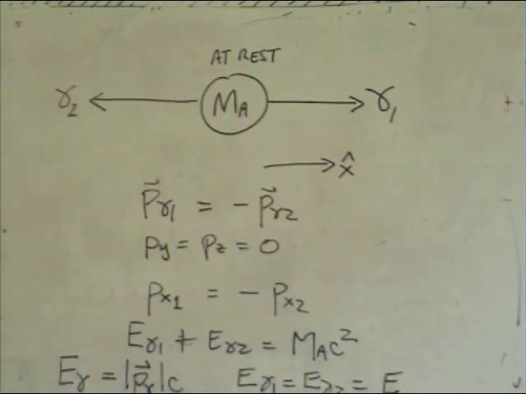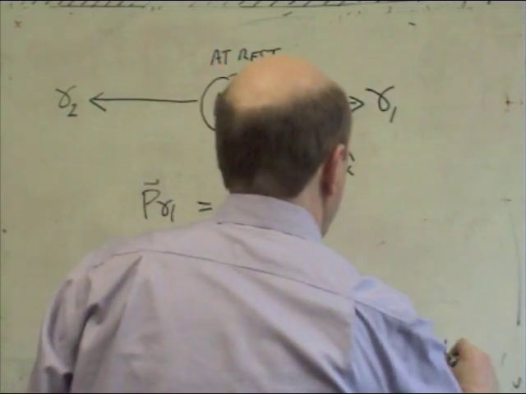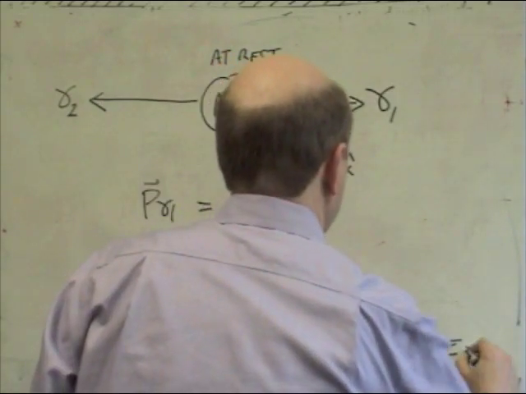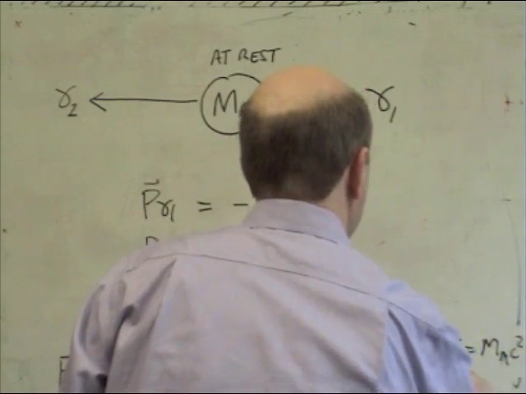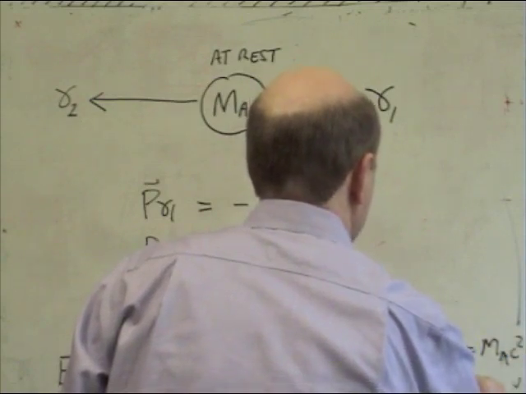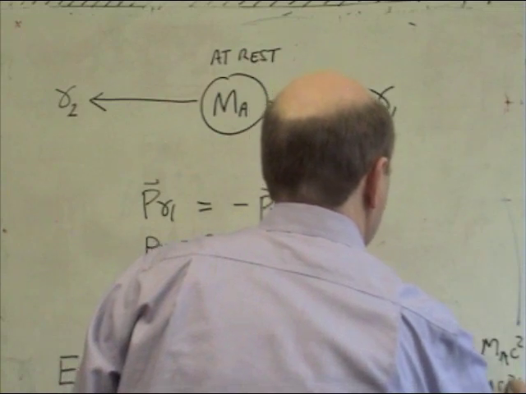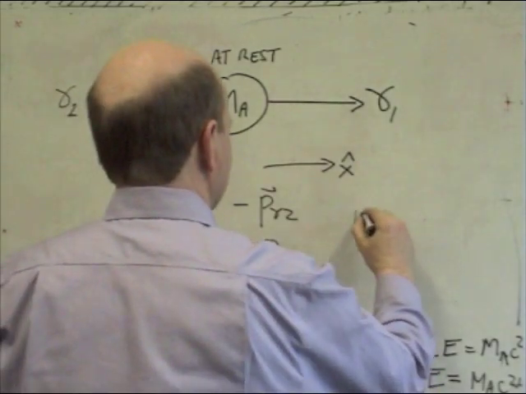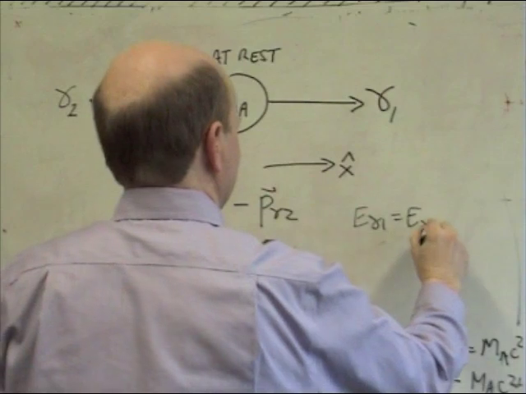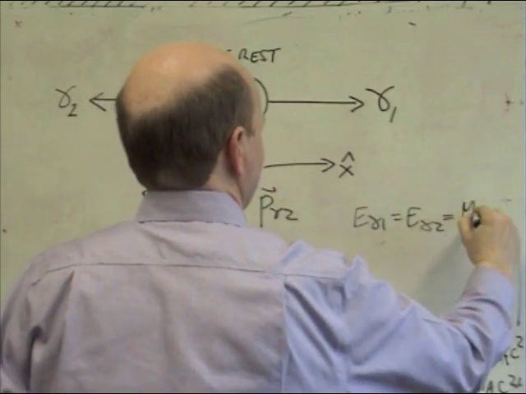And that implies in turn that E gamma 1 plus E gamma 2 is just 2E, and that has to be equal to ma c squared, so that E of each photon is ma c squared upon 2. Okay? So the answer to part A is that E gamma 1 equals E gamma 2 equals ma c squared upon 2.